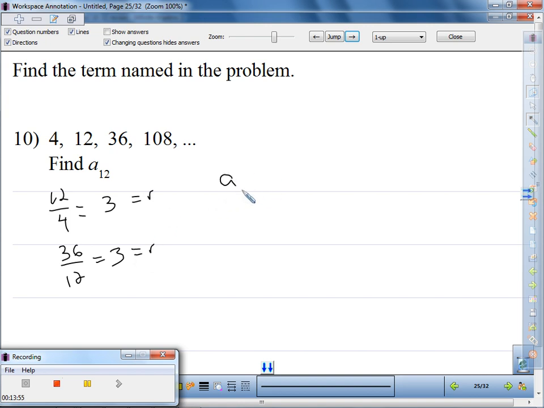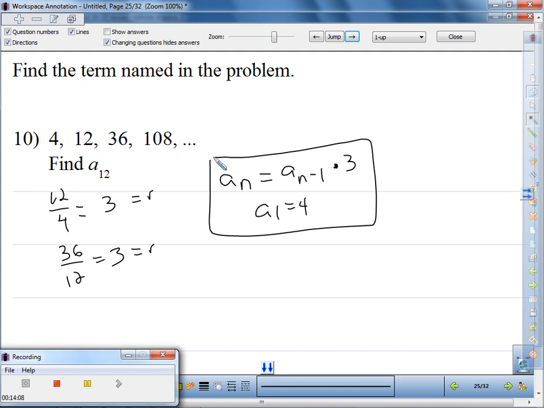So for our recursive formula, a sub n is equal to a sub n minus 1 times 3. a1 is equal to 4. So that's the recursive formula. Okay, now to find the explicit formula, it's going to be a sub n equals a1 times 3 to the n minus 1 power. Again, 3 is our common ratio, 4 is the first term.